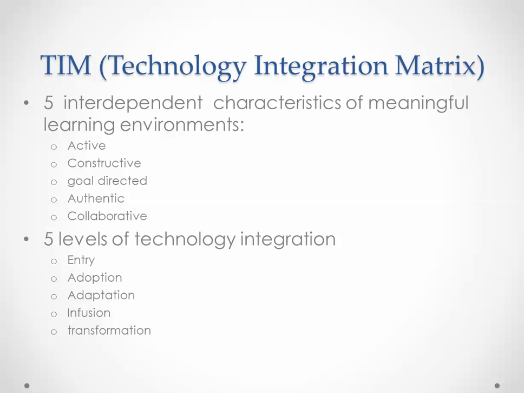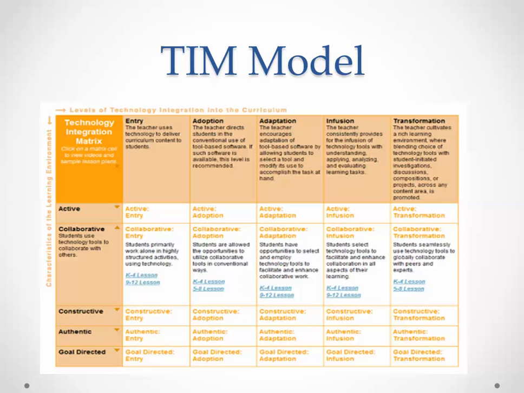They associate the 5 levels of technology integration with each of the 5 characteristics of meaningful learning environments together. The 5 levels of technology integration and the 5 characteristics of meaningful learning environments create a matrix of 25 cells, and it shows this in this TIM model here.